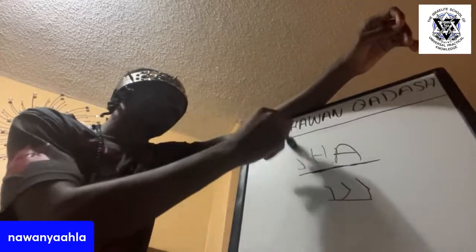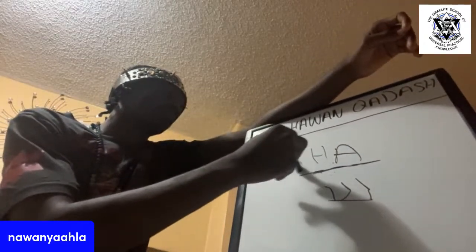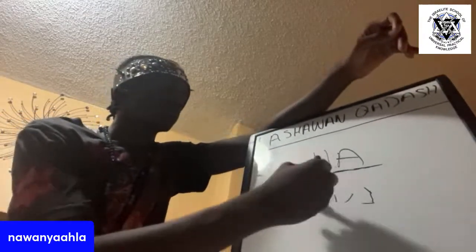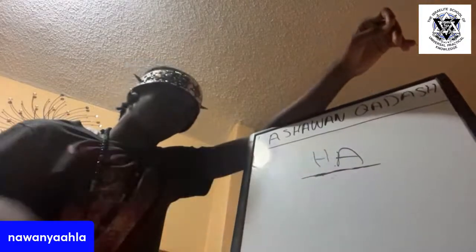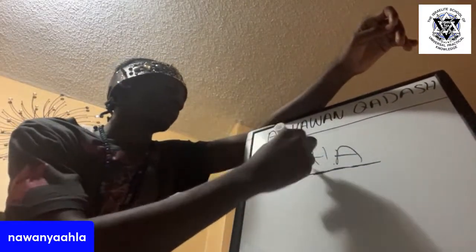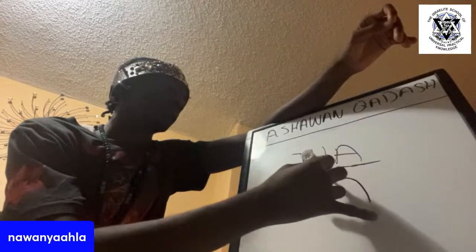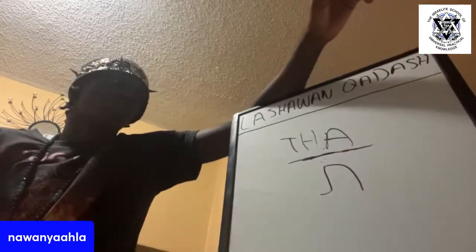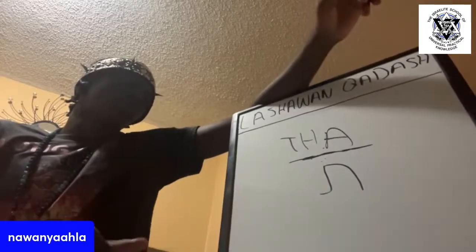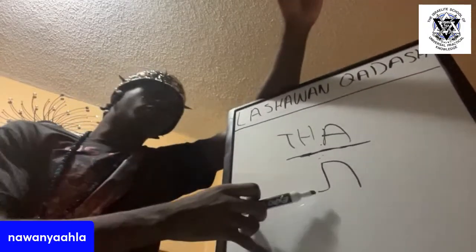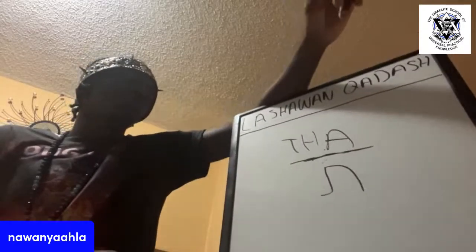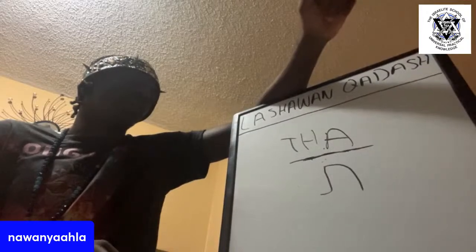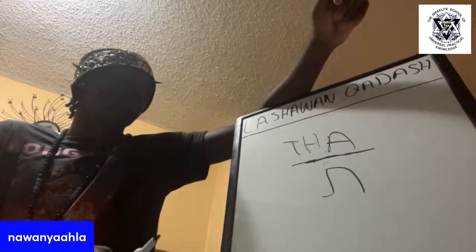And lastly, we got the Tha. It looks like the Ha and the Ka, but it has this leg going outward. That's how you identify and separate the Tha from the Ka and the Ha. That's the Tha in the Assyrian Hebrew.